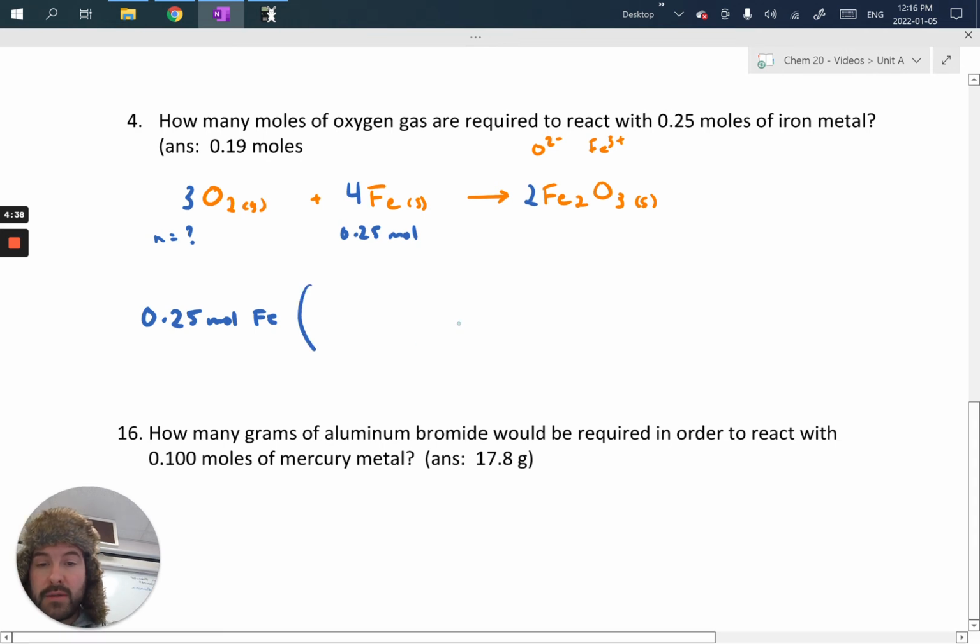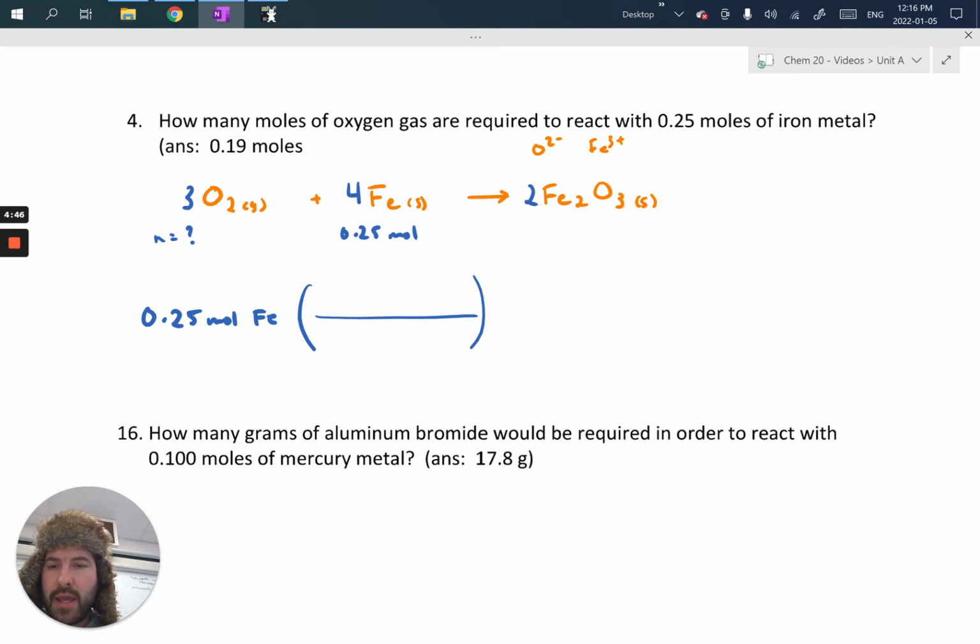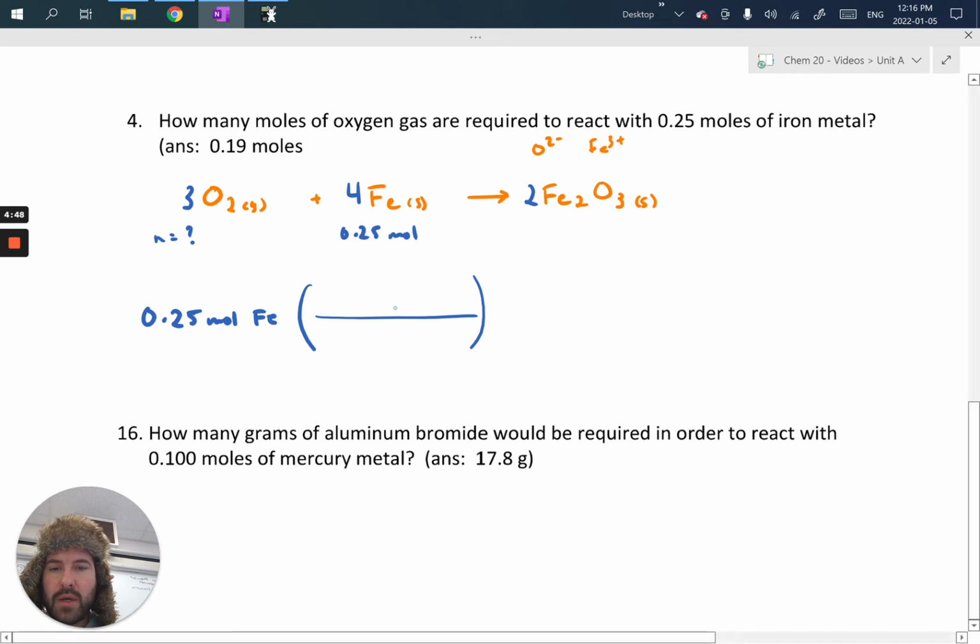And so what I'm going to do here is I'm going to put what I want on top. This is called unit analysis that we're doing, or dimensional analysis. So I want to know the moles of oxygen, and I know the number of moles of iron that I'm using. And so I'm gonna get my ratio here from my balanced equation.